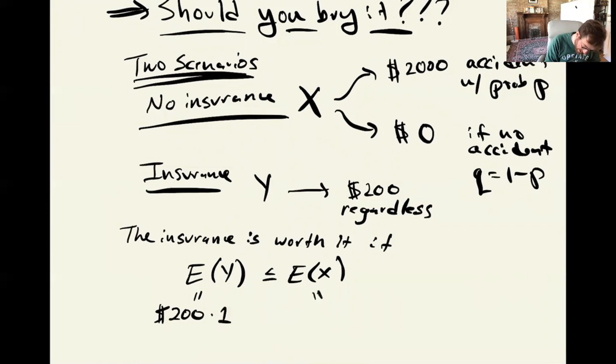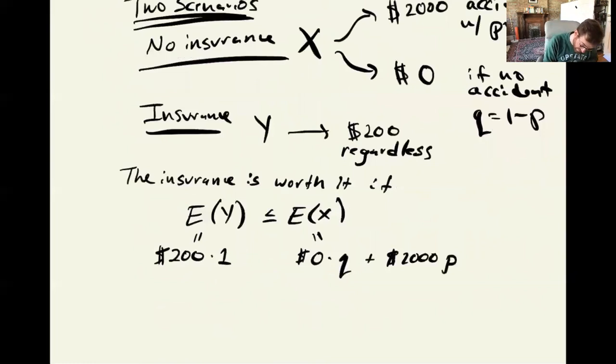But the expectation of X is, well, there's two things that could happen. You might not get in an accident, so that's $0, which happens with probability Q. Plus, then there's the $2,000 accident, which happens with probability P. And here I'm making the simplifying assumption that, obviously there's a whole spectrum of things that can happen that cost a different amount of money, but let's say that the average cost of an accident is $2,000.